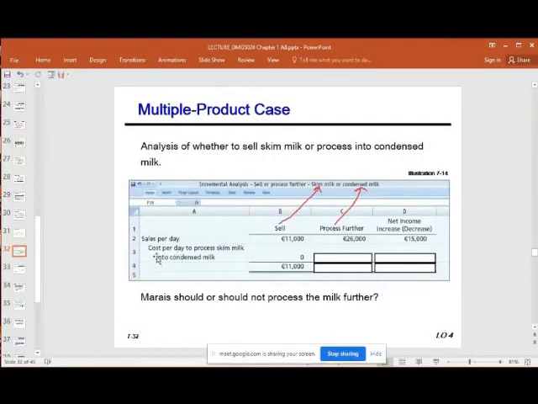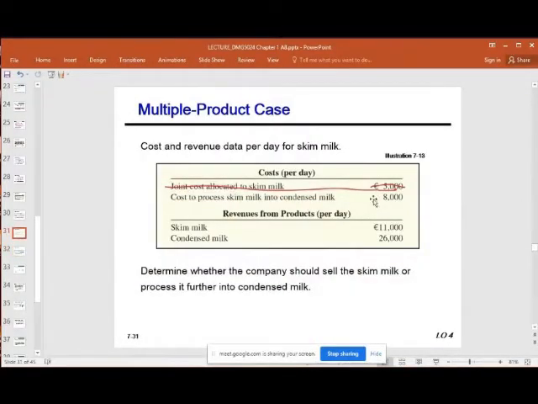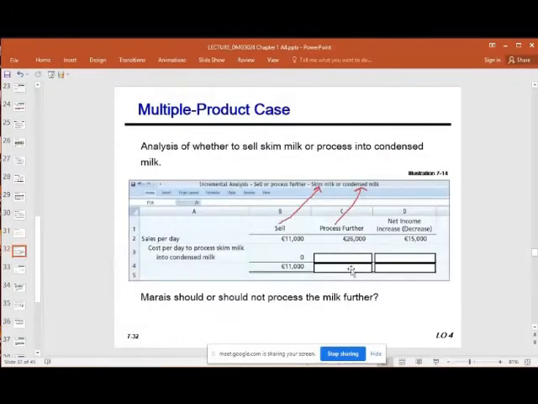Okay, next, the cost to process skim milk into condensed milk. If you are selling skim milk, then there's no processing. But if you process further to condensed milk, there is a cost. So the cost is 8,000. So 8,000 is here.